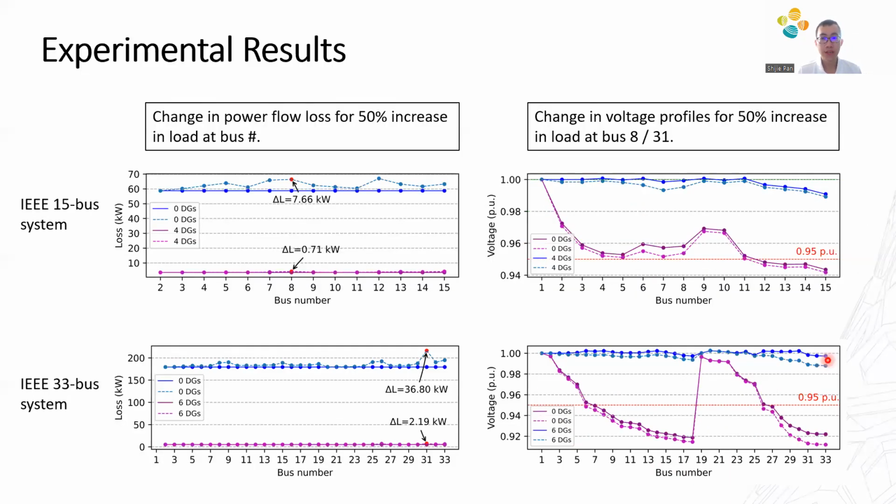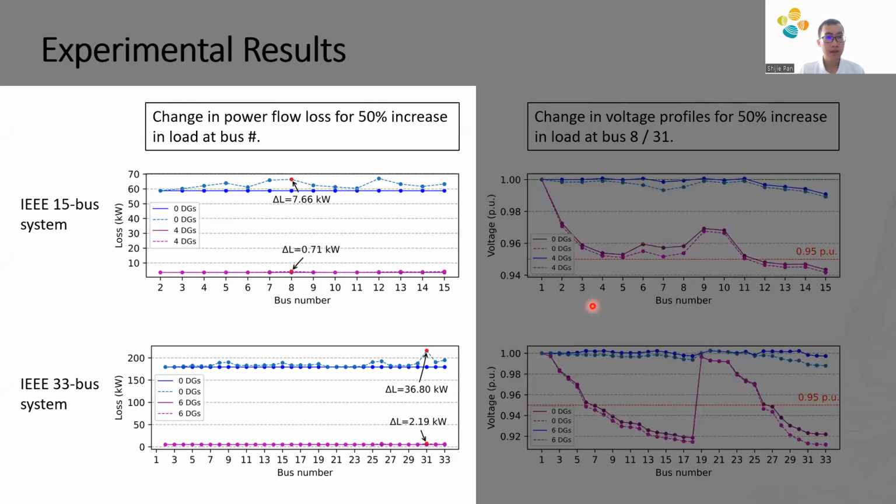Furthermore, we want to test if our optimized system can work with enough robustness, so we manually increased a load by 50% at a time to see how the power flow losses will change due to the load change. The blue line shows the results before the optimization, and the purple lines are the results after.